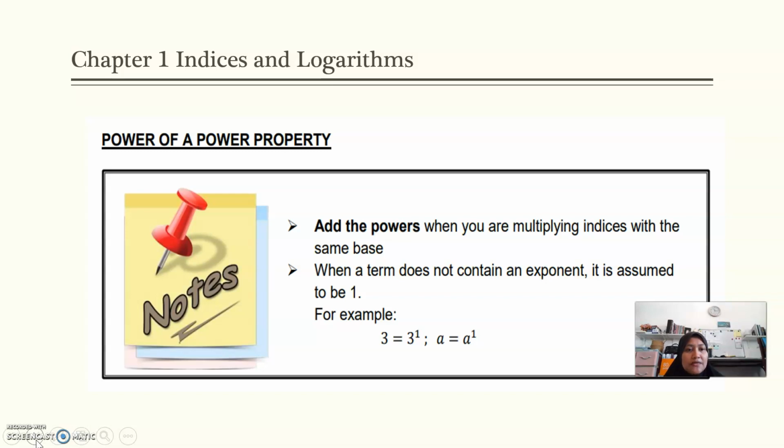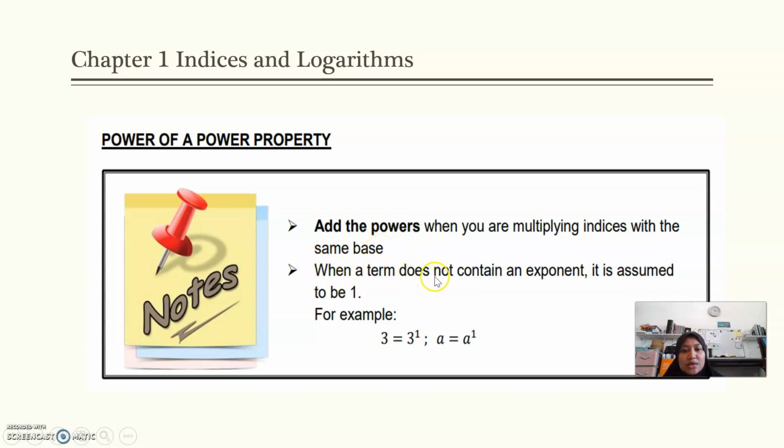Okay, next, the power of a power property. Add the powers when you are multiplying indices with the same base. Just as I said before, we can only add the powers when the base is the same.